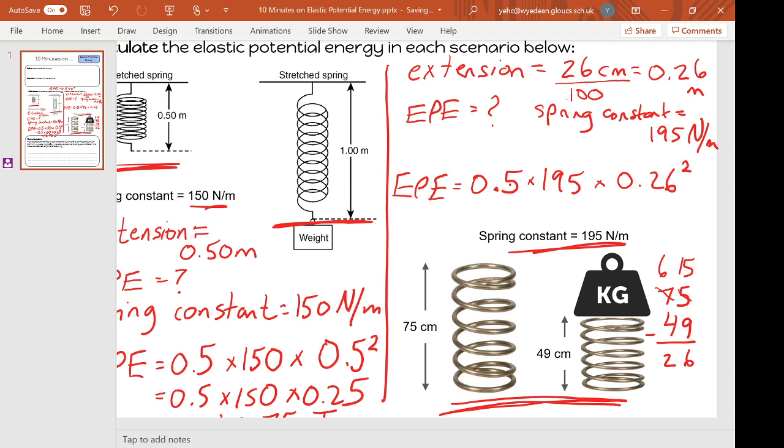That squared only belongs to the 0.26. So once again, chuck that in your calculator. I got, if I round it, 6.6 joules.